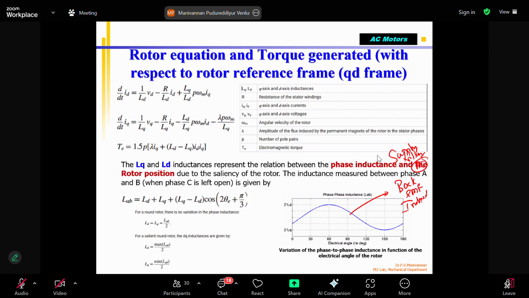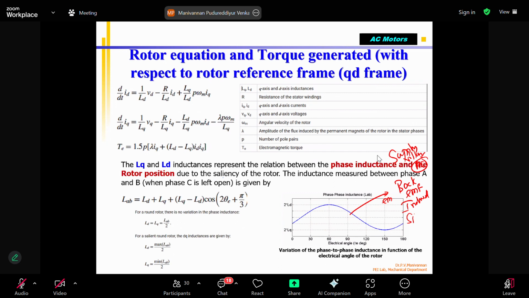The back EMF generated, induced in the stator coil by the rotating rotor, will be sinusoidal. We are talking of sinusoidal back EMF. This depends upon the distribution of the stator coil winding, whether it is concentrated winding or the other one. We just talked about it.